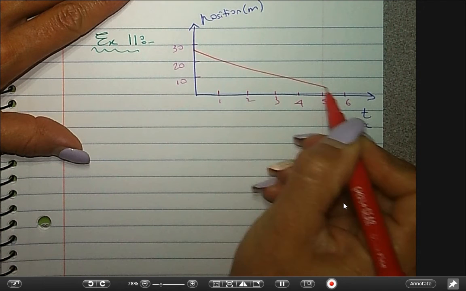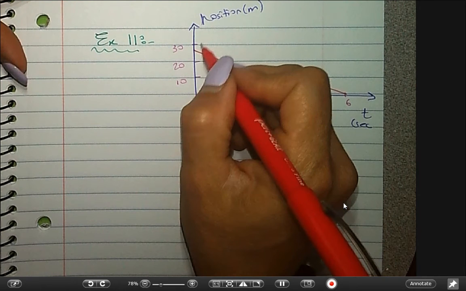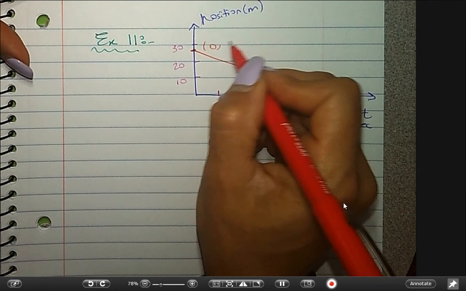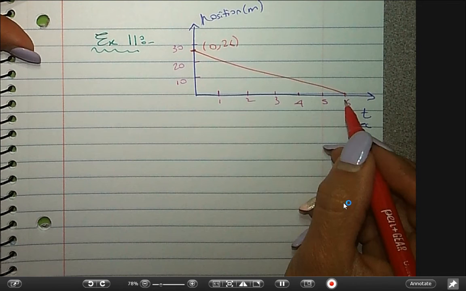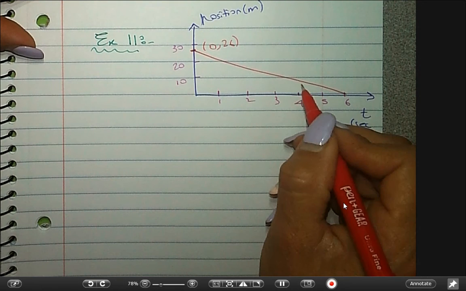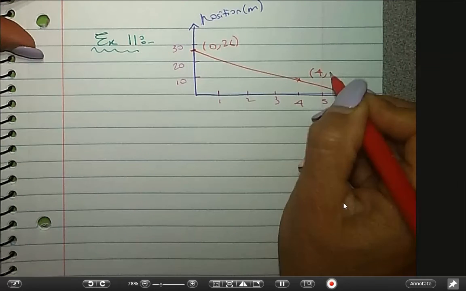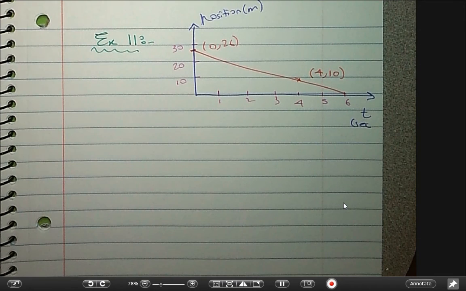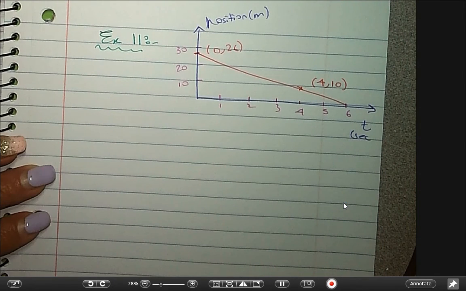So this point here would be 0, 26, and this one here, I'm going to take, would be 4 and 10. Okay?